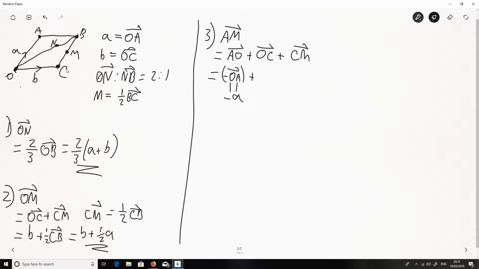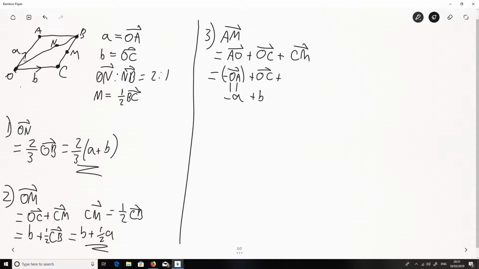Well, OC is just defined as B, so that is plus B. And the last one we want is C to M. We've already worked out that C to M is half of C to B, and it's equal to half of A, because it's just half this distance up here.